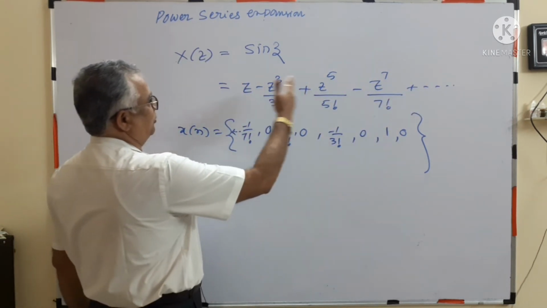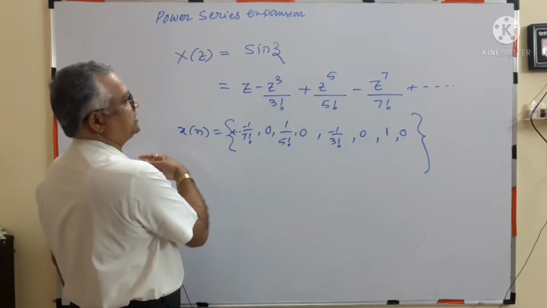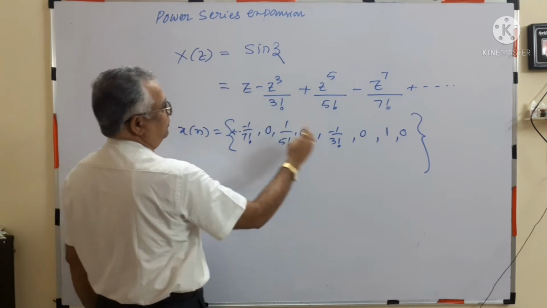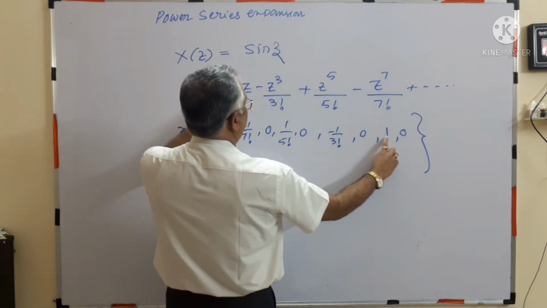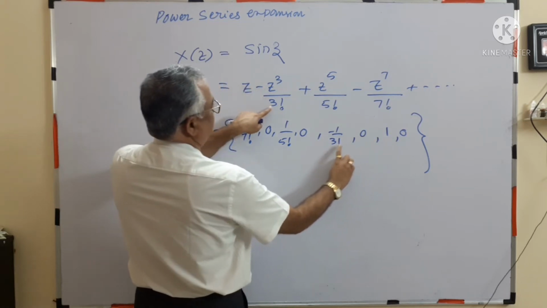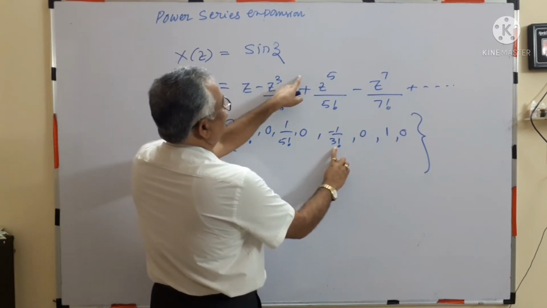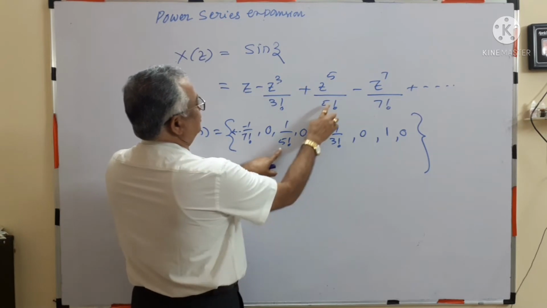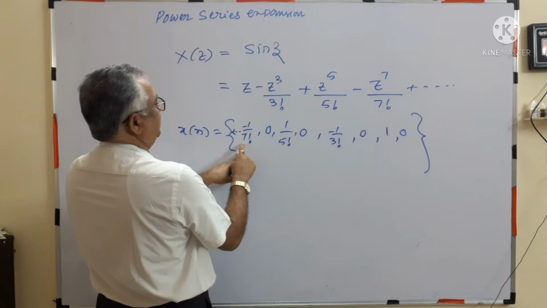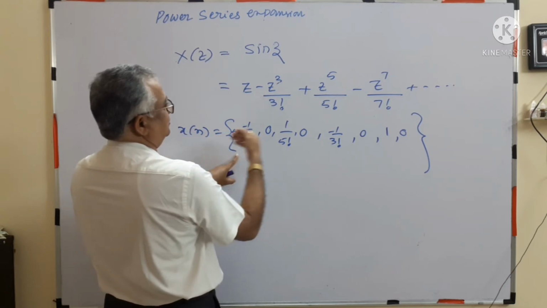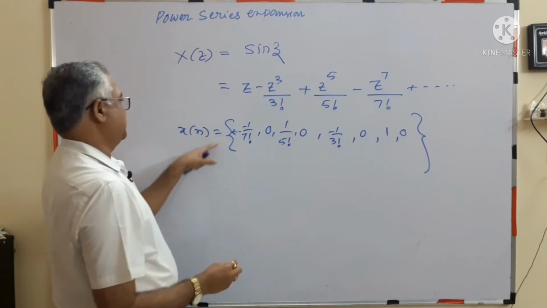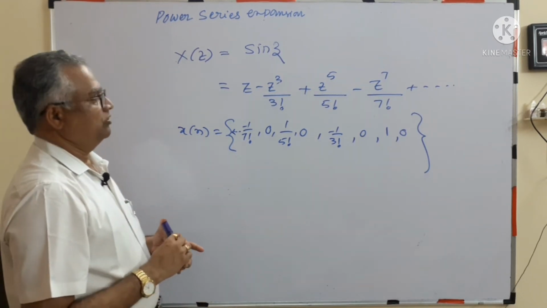So positive power of z means left side sequence. Here it started with z power 1, so the first value will be 0. Then 1. Z power 2 not there, 0. Here 3 factorial, 3, 4. 4 is missing, 0. 1 by 5 factorial. Again 0. Minus 1 by 7 factorial, like that. So it is a left side sequence, now start here and go like this. So like this we can find x of n.